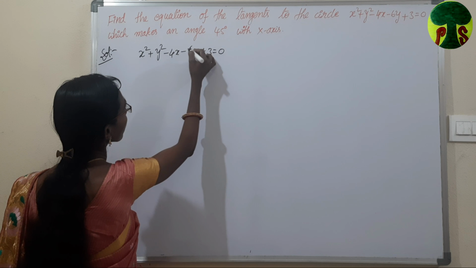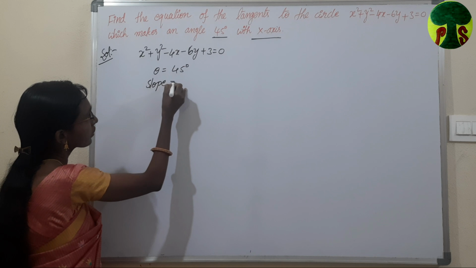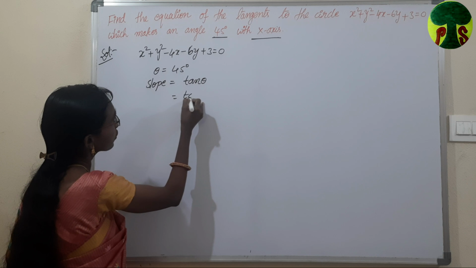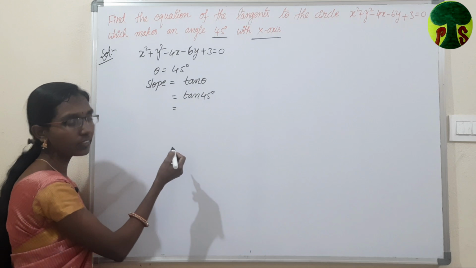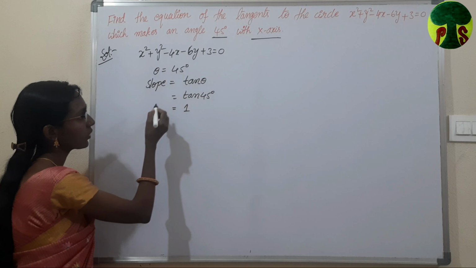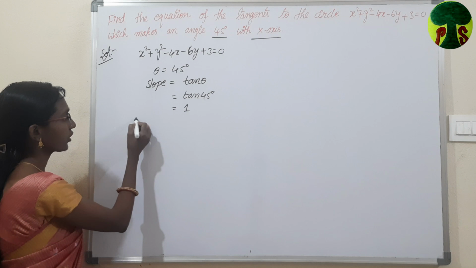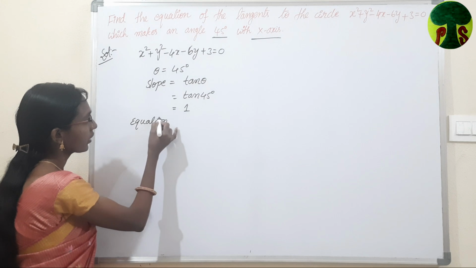From this statement, we can find the slope of the tangent. Here theta is equal to 45 degrees. Slope is equal to tan theta, which is equal to tan 45 degrees. The value of tan 45 degrees is 1. So now we know the slope of the tangent. I will write the equation of the tangent in slope form.